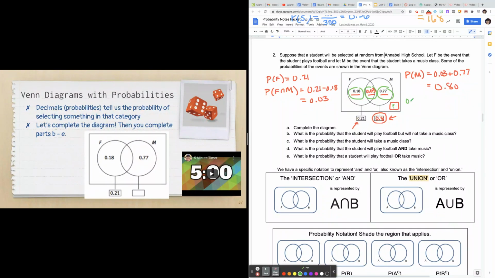Okay, so I know that 0.18 plus 0.03 plus 0.77 plus this value that I don't know has to equal 1.